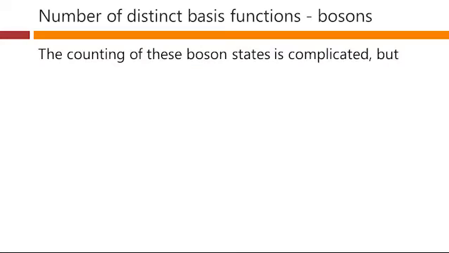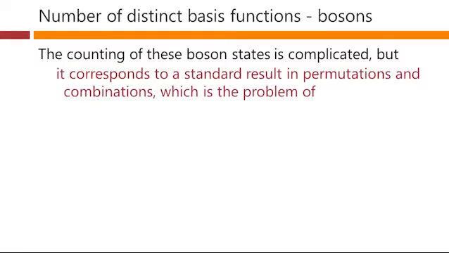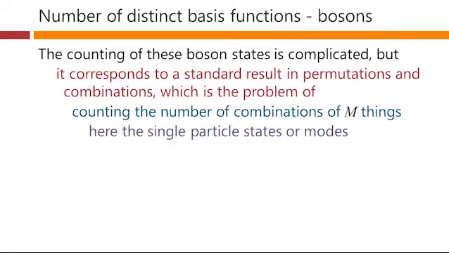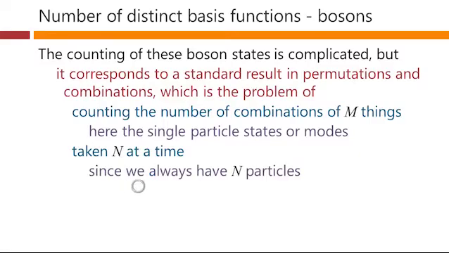The counting of these boson states is complicated, but it corresponds to a standard result in permutations and combinations, which is the problem of counting the number of combinations of n things, here the single particle states or modes, taken n at a time, since we always have n particles, with repetitions allowed.